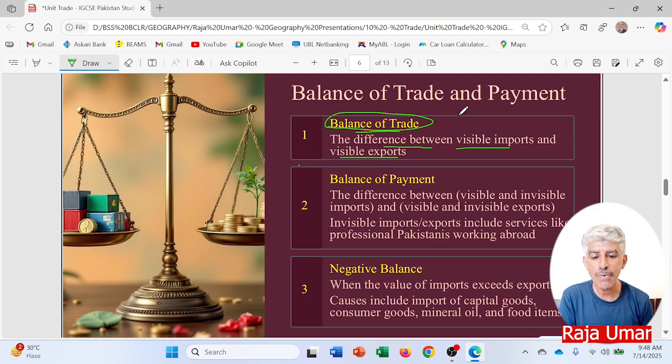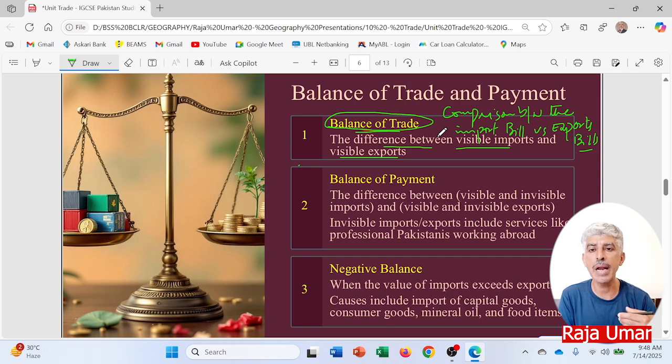I mean, whenever we compare the import bill versus the export bill, if the imports are greater and exports are less, it means that the country is spending more foreign exchange but earning less. That is what we call the negative balance of trade, or it is also known as the trade deficit.